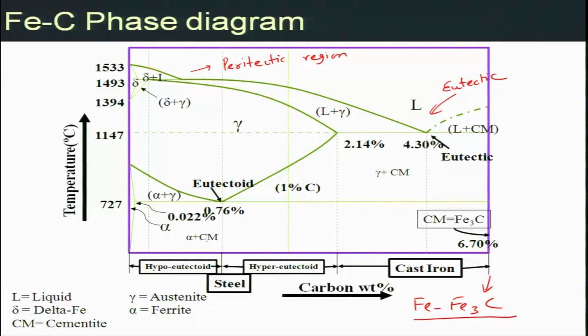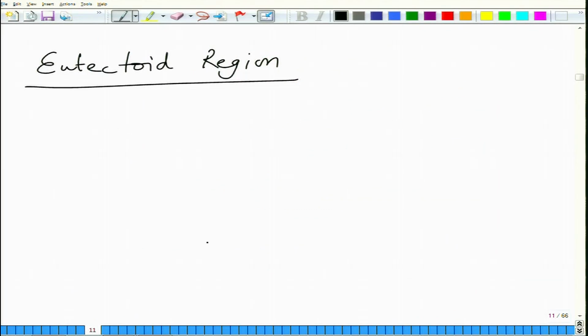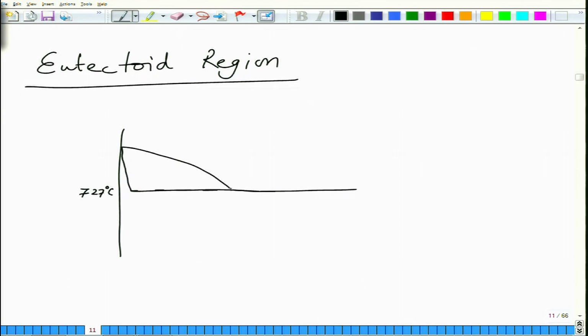So, what it does is basically, you have it like this. This is the temperature, 727 degrees centigrade. Okay.